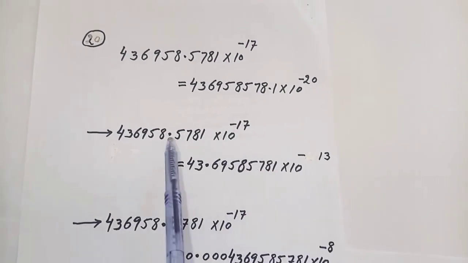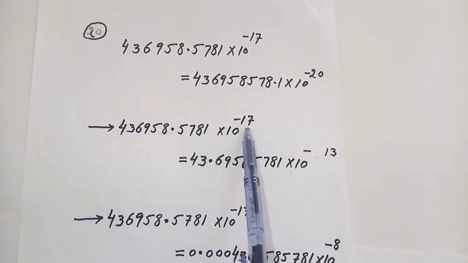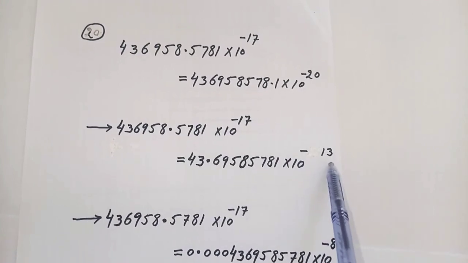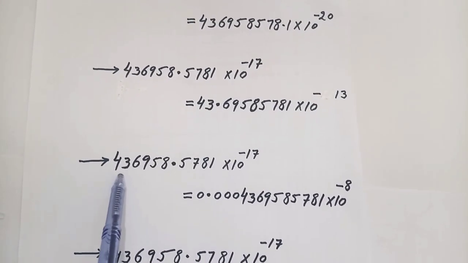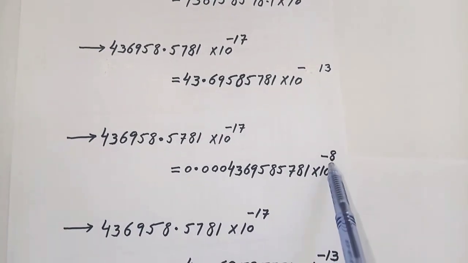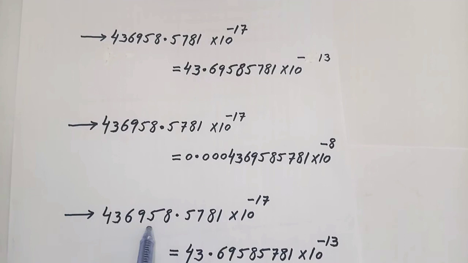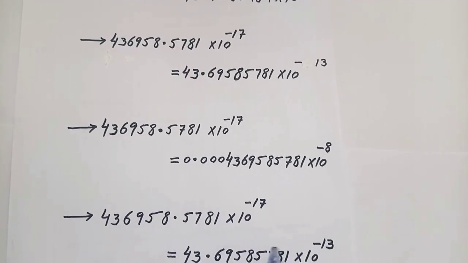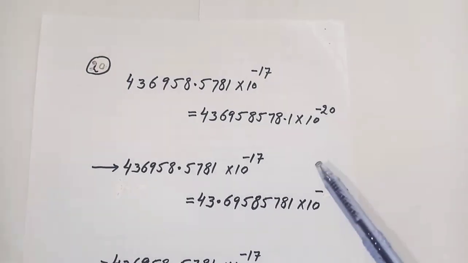So here, when the point is shifted in this direction through 4 digits, then the power will change like this. Here again, the point is shifted in this direction through 9 digits, the power will change like this. Here again, the point is shifted in this direction, this will change like this. So you can see this case.